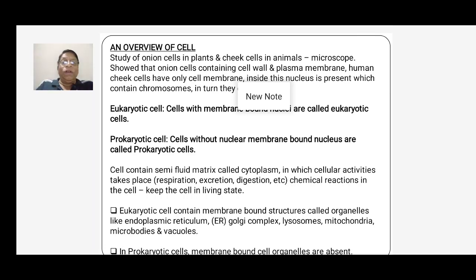So the study of onion cells under the compound microscope has shown that the onion cells are rectangular in shape.